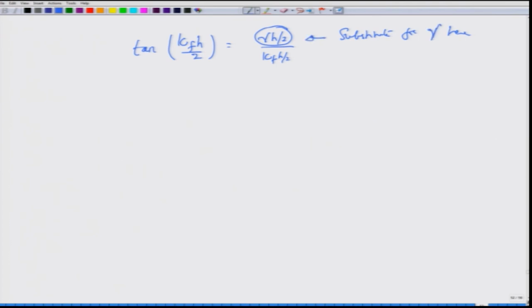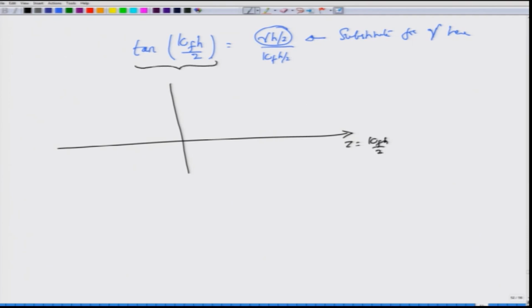Now, the graphical approach is actually very interesting. What it does is that you plot the values of the left hand side and the right hand side. So, I define z as kappa f h by 2, and I am now going to plot tan kappa f h by 2 as a function of z.